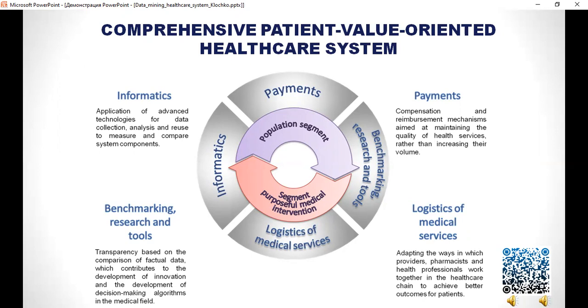The results of the measurement are used to adapt health services for the populations and for the path of patient care, based on improving the quality of the health services and reducing their costs, rather than increasing the amount of care.